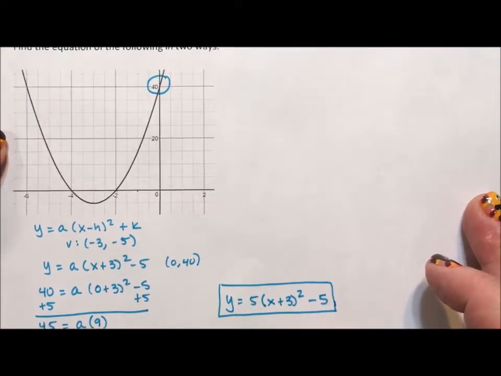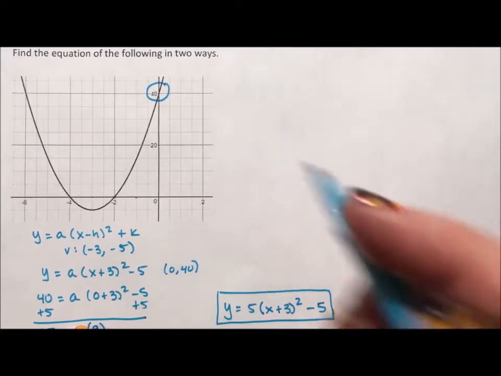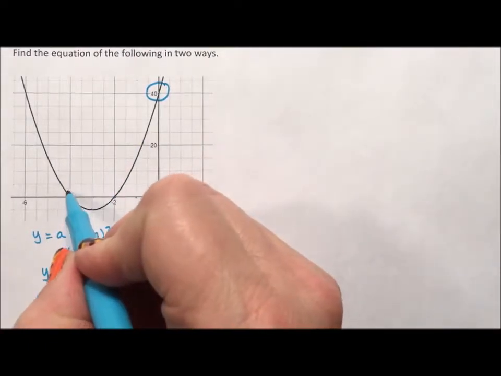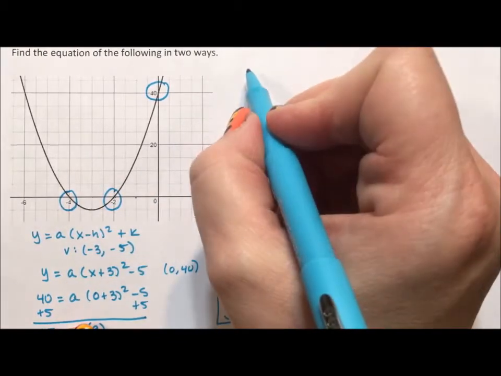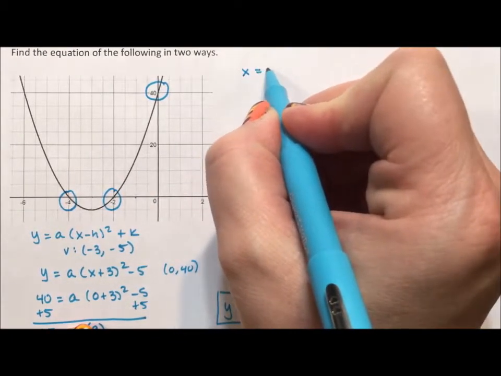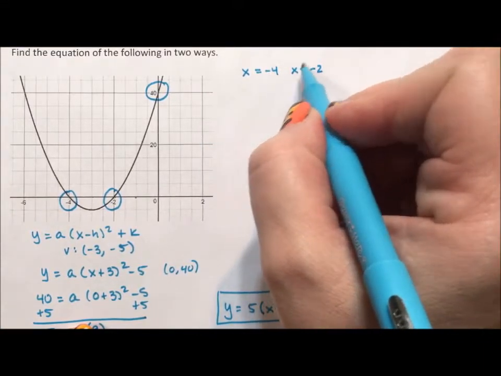But that is not the only option we have. We could find the equation of this graph by using all three intercepts. I know that x equals negative 4 or x equals negative 2, those are the two points at which the graph crosses the x-axis.